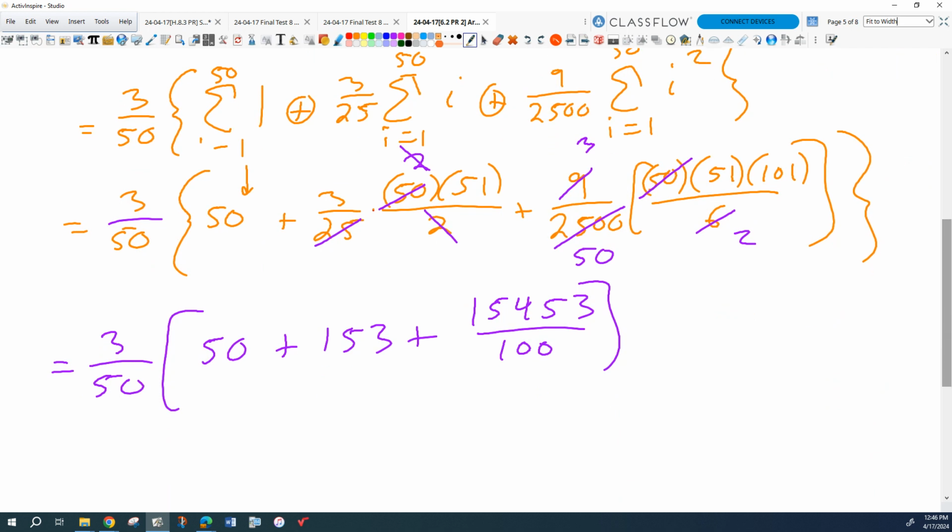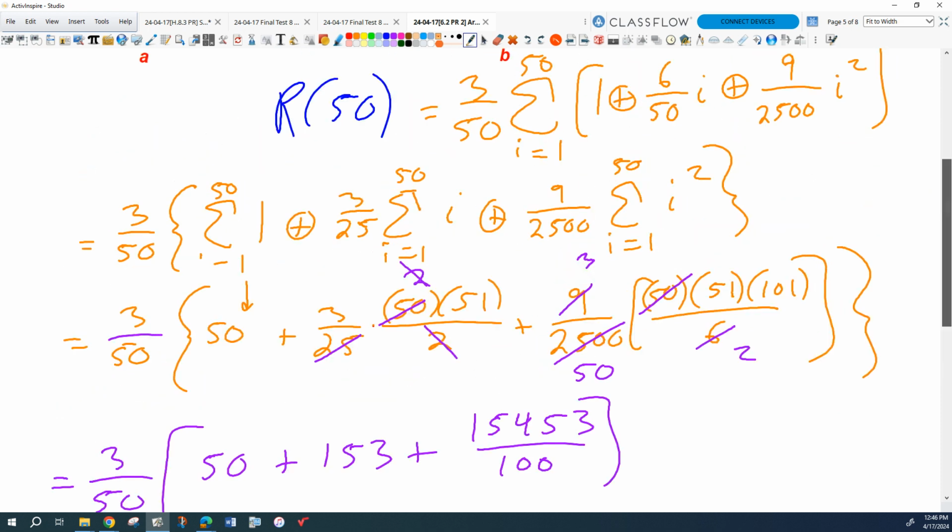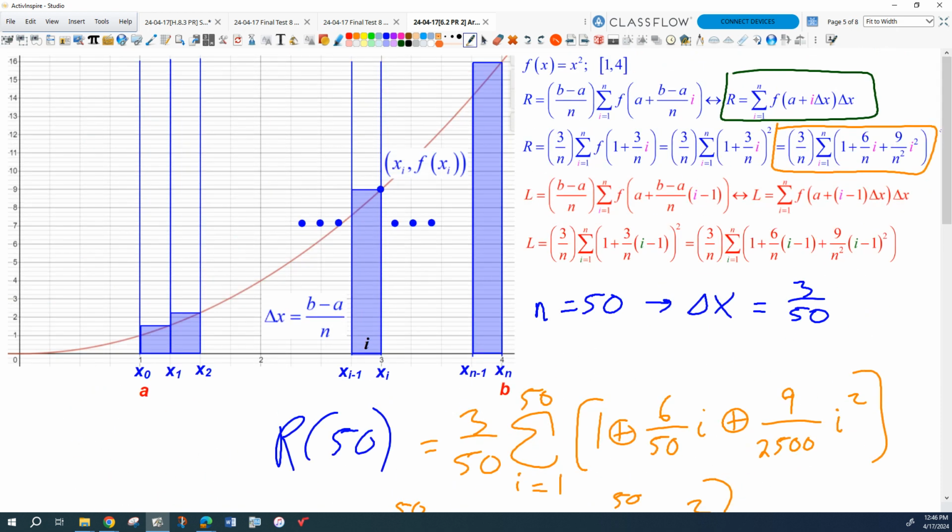So if you increase the number of rectangles, the resulting area is just going to get a little bit smaller. The overestimate is going to get smaller, and if we used left rectangles, the underestimate is going to get bigger, and they would merge on the exact area, which we would get if we let the number go to infinity and took that limit, okay?